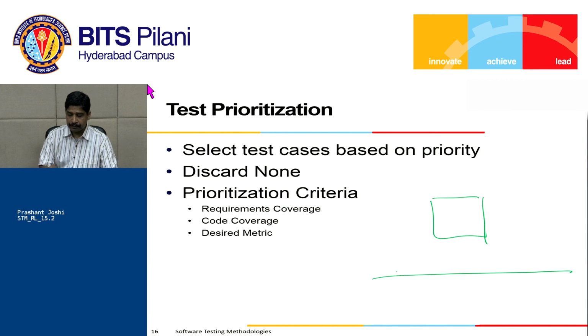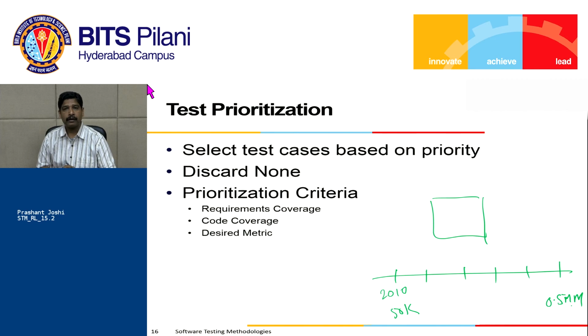Over a period of time, the number of users who have started accessing this server has increased. Say in 2010, the number of users were 50,000 and now it's going to 500,000. No changes to the server. 50K to 500,000 is a big change.